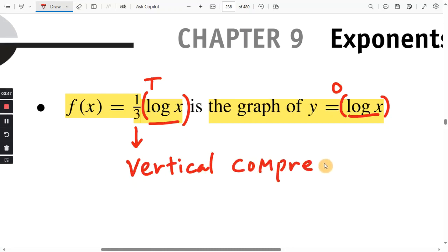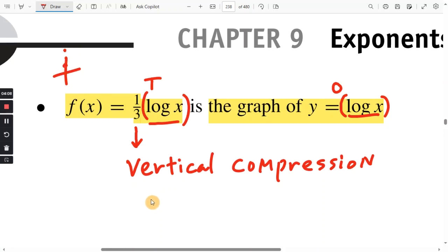All right, and that's because if it's y equals log of x, the y value is how far up or down the graph is. So if you multiply a y value by 1/3, let's say you have a 9, you multiply that by 1/3, that 9 becomes a 3.